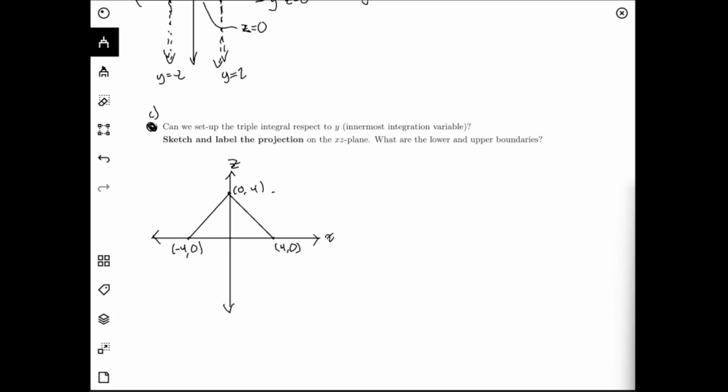So z is the simplest one to work on because it's our outermost variable. So this is z equals 4, this is z equals 0. So z ranges from 0 to 4. X ranges from, well, what's the equation of this line? Let's go back up here.